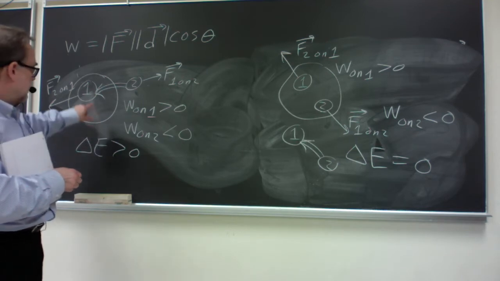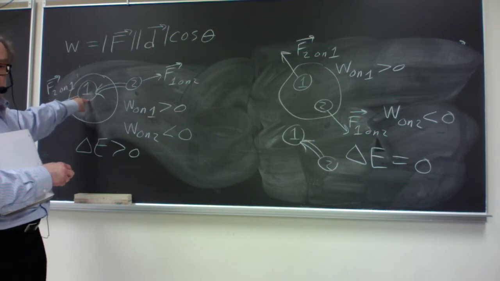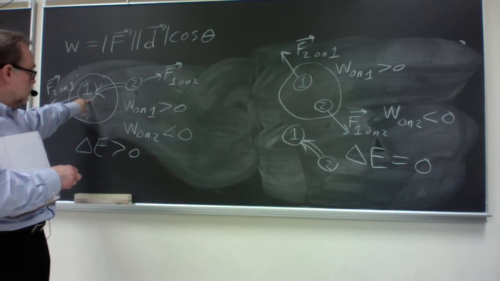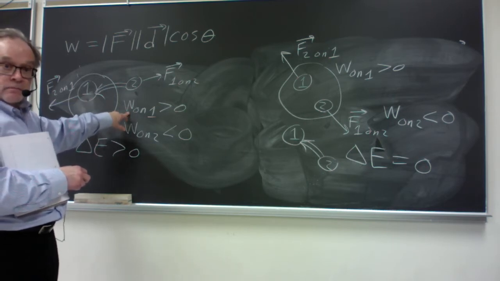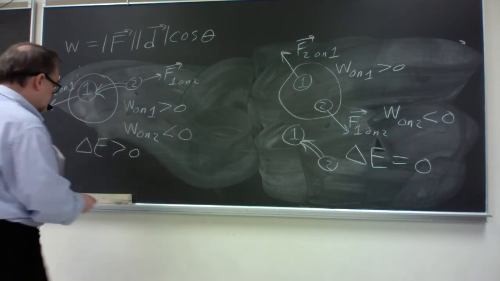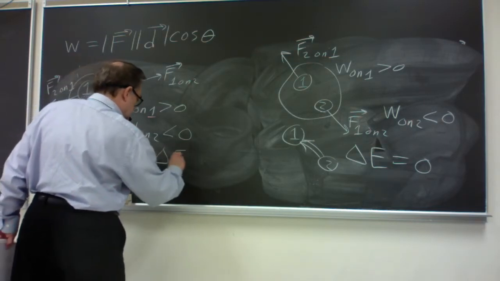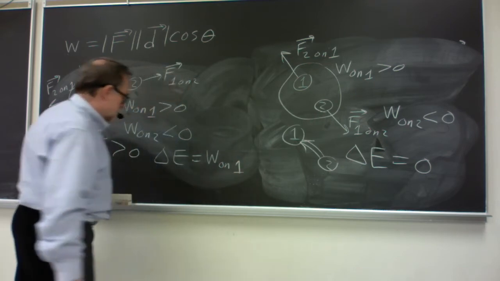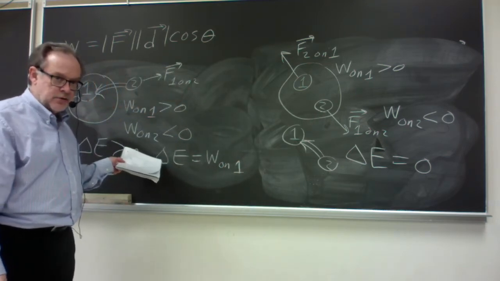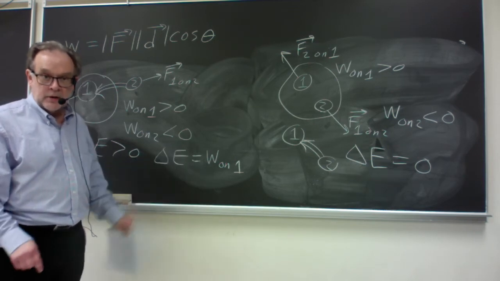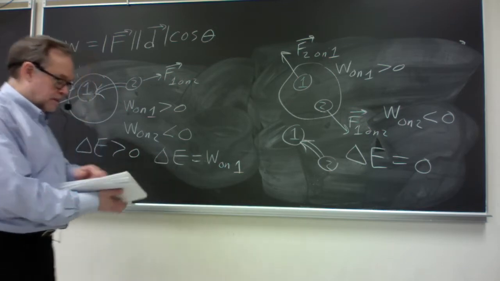And the energy gain was the energy gain of thing 1, and the amount of energy that thing 1 gained is told to us by the numerical value of the work. So in this case, that increase in the system's energy, that positive change in the system's energy, comes from thing 1 having positive work done on it.